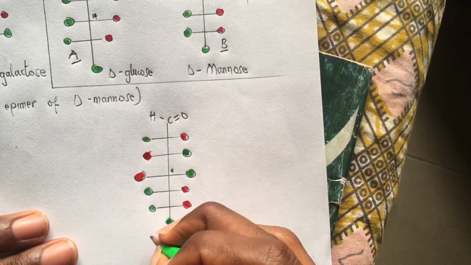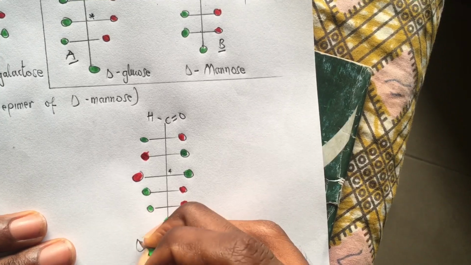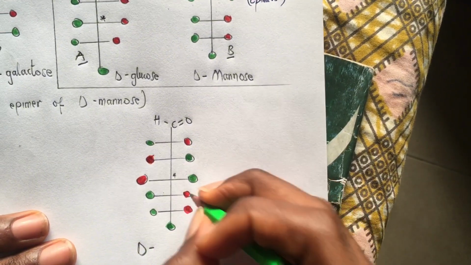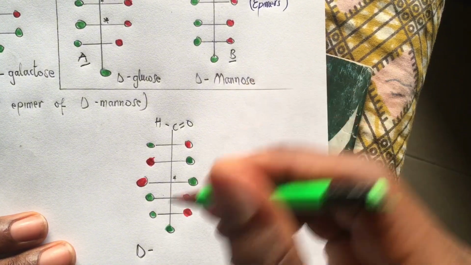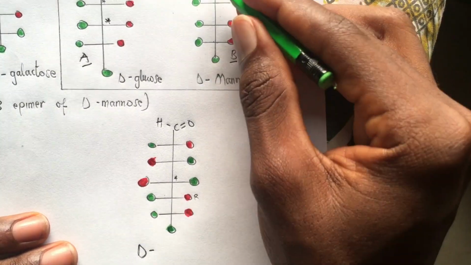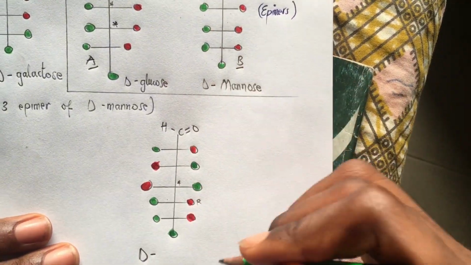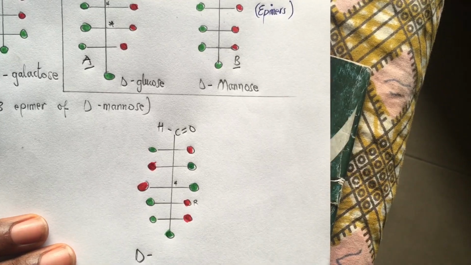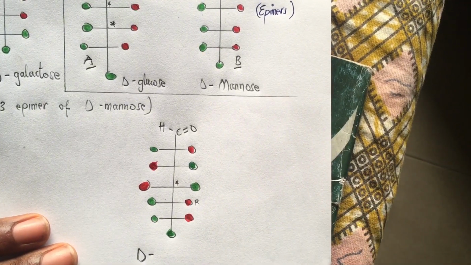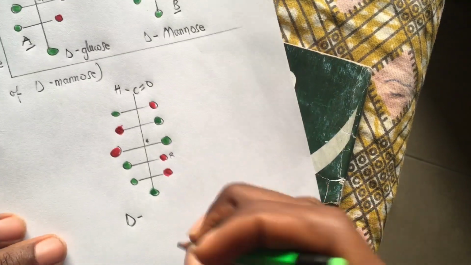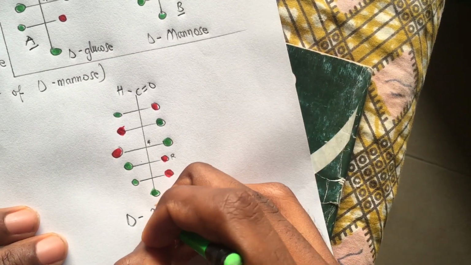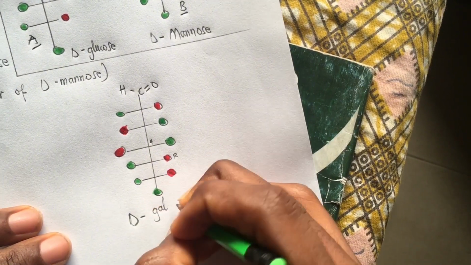So still a D-glucose, still a D sugar because of the OH group on the right. Now we can't call this one mannose because the configuration was not changed at carbon 2. We can't call this one glucose either because there's a slight change in configuration at carbon what? Carbon 4. So now this one will rather be called what? D-galactose.